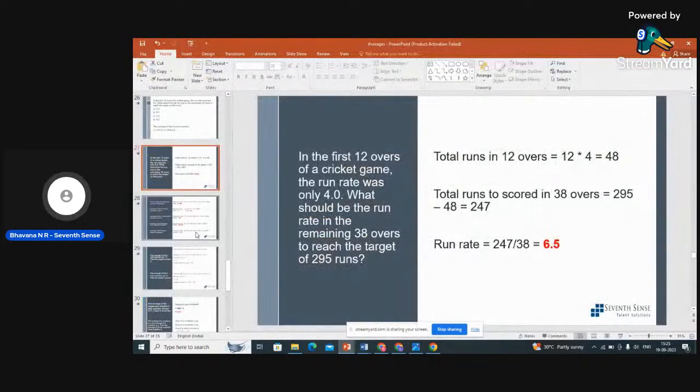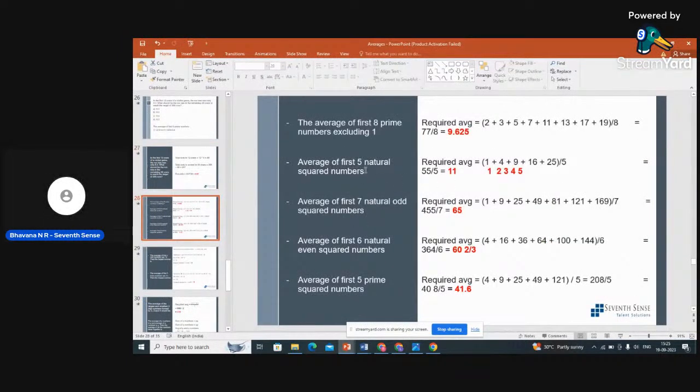Okay. So next, do it for the natural numbers. So it's the square of the natural numbers for 7. So the average of the first seven natural square numbers.